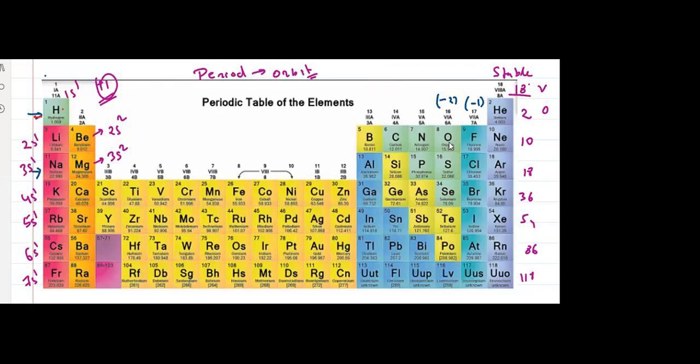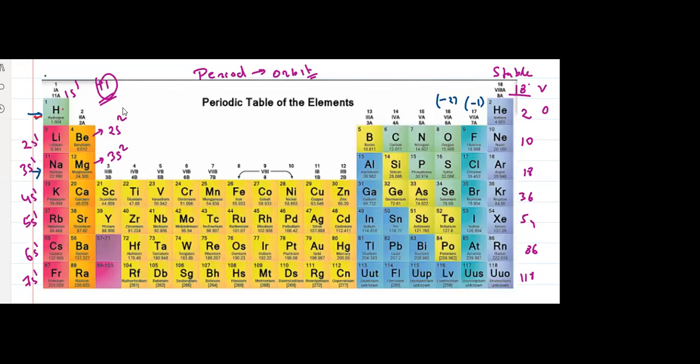Okay. Now let me ask you one more question. The property of any substance depends on the number of electrons, yes or no? The property of any atom, any element depends on the number of electrons, exactly.